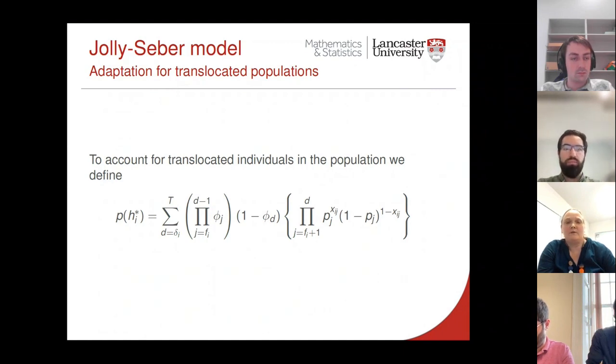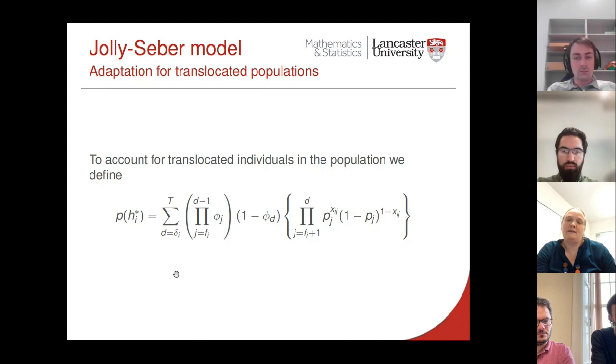So because we were hitting this barrier of just using the existing model, we thought, okay, let's try and produce a likelihood that really directly models what we have in the data set. We wanted to account for the translocated individuals in the population.